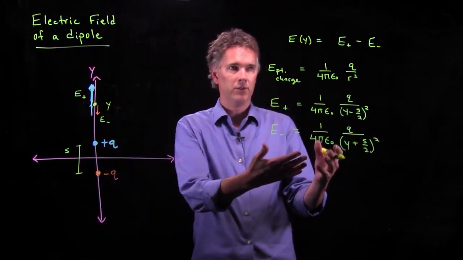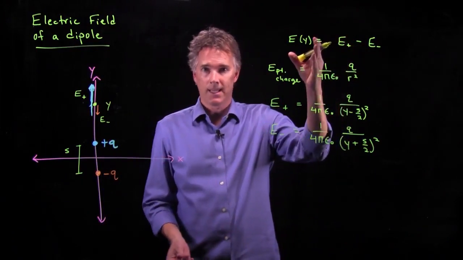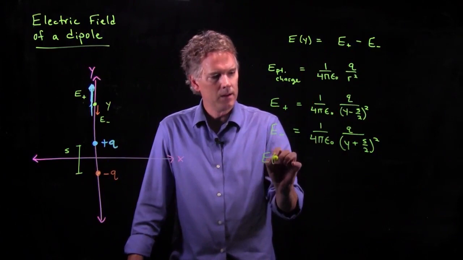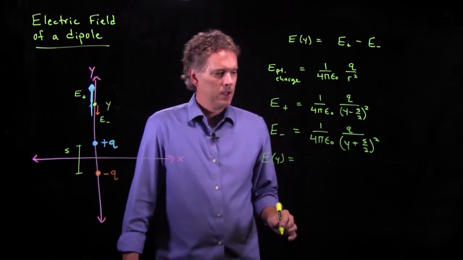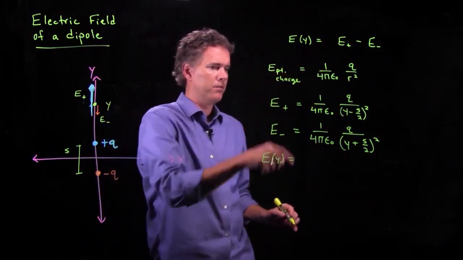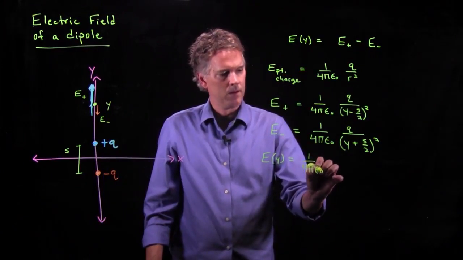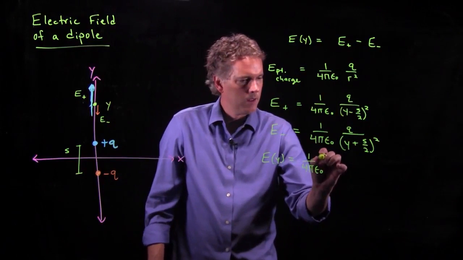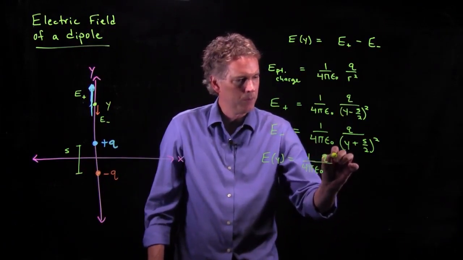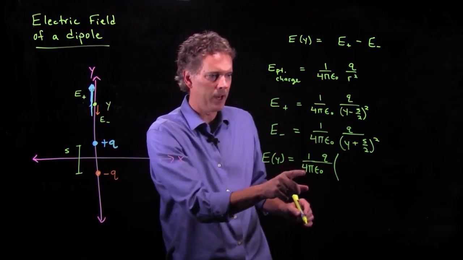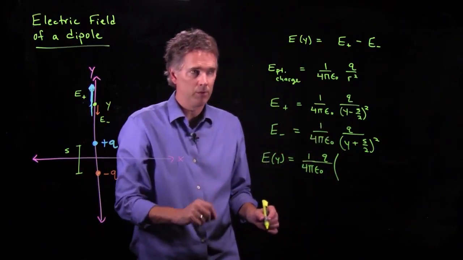Those are the two electric fields, and now we can add them together to calculate the net. So let's do that. E at position y is going to be E positive, and I'm going to cheat a little bit because it looks like we have common terms in both of these, 1 over 4 pi epsilon naught and a q in both of those.